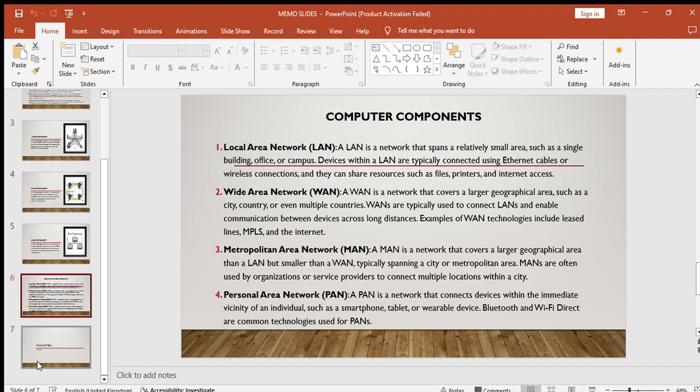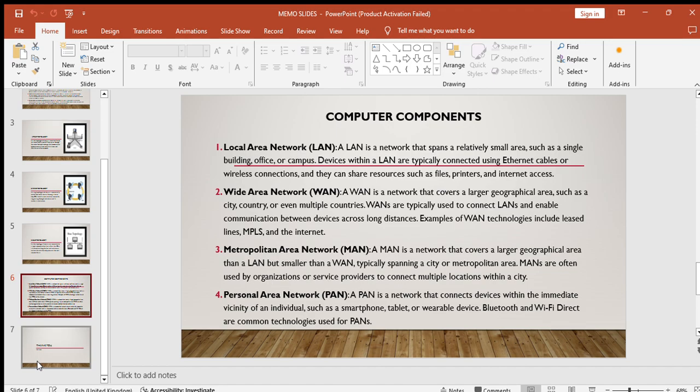A WAN is a network that covers a larger geographical area, such as a city, country, or even multiple countries. WANs are typically used to connect LANs and enable communication between devices across long distances. Examples of WAN technologies include leased lines, MPLS, and the Internet.